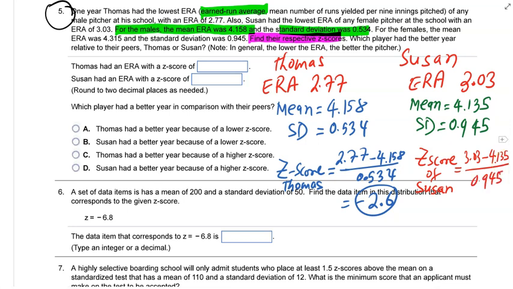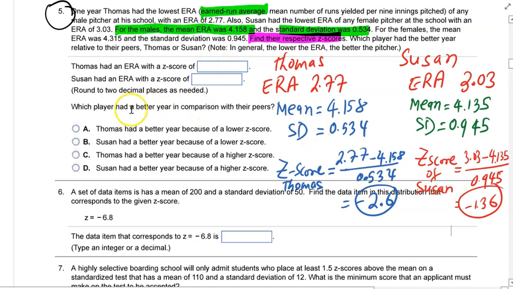And if you subtract and divide, you get Susan's z-score, which is going to be negative 1.36. Okay, therefore you put this answer here.